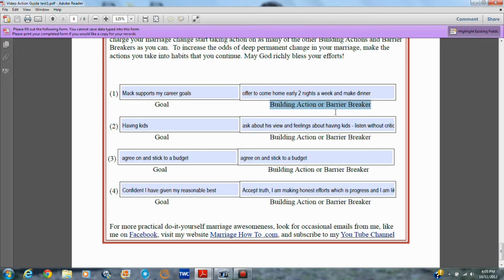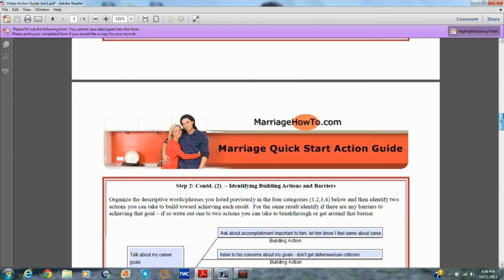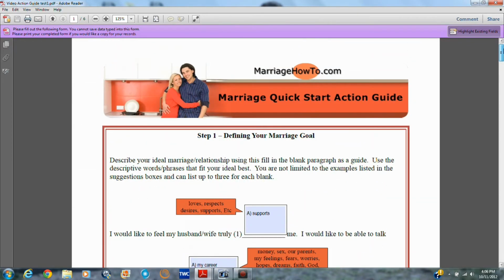So you have 3 possibilities of what you can do to work towards that goal. Together they create the 4-point immediate action plan to get you started towards positive change in your marriage. So let's get started using an example with a lady we will call Samantha.